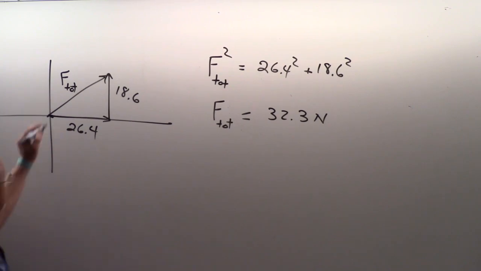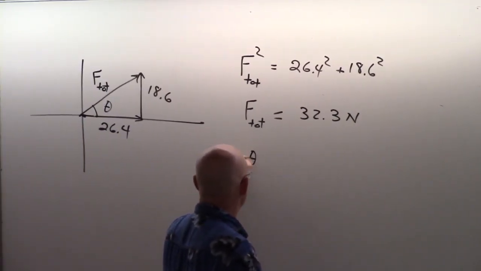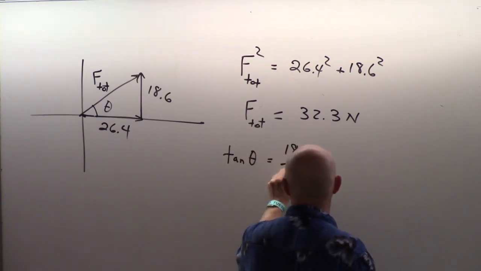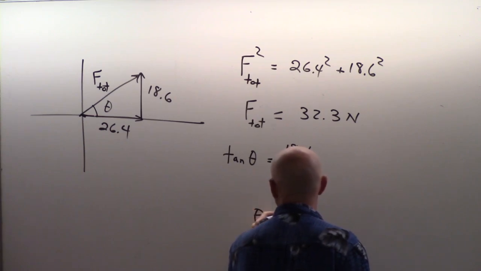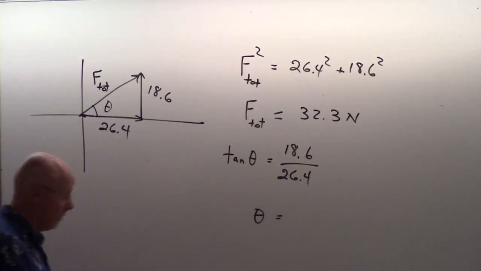And in terms of the direction, theta, I could then say, all right, tangent of theta is the opposite, 18.6, over the adjacent, 26.4. And so now I can say, okay, what is the angle here?